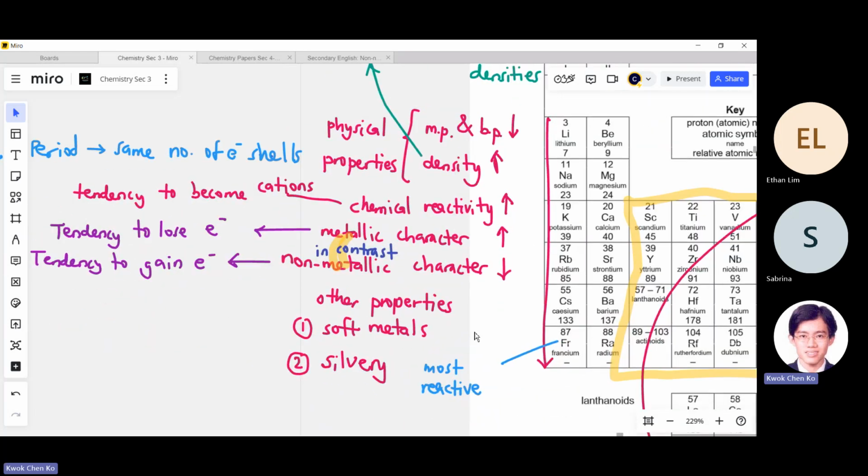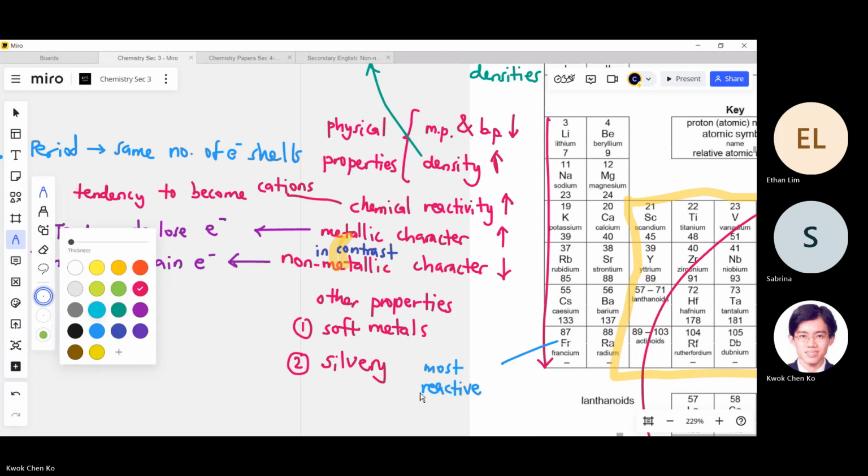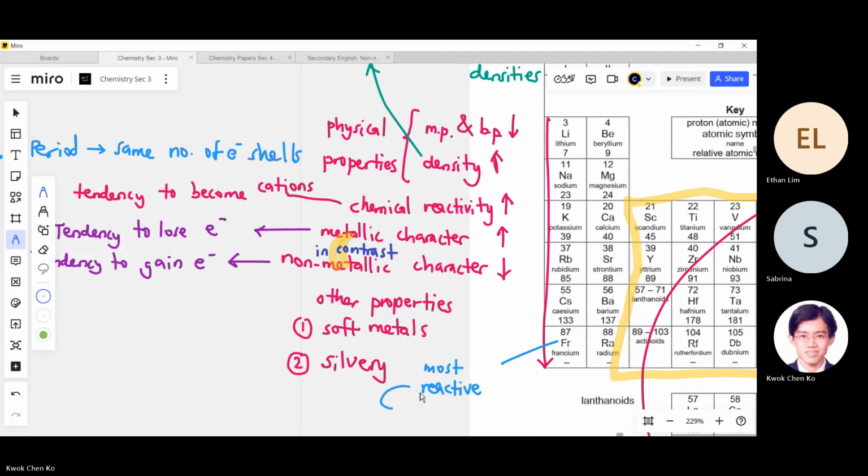I said that francium is the most reactive metal, so you can interpret it as it loves to become cations the most. Think about this alternative viewpoint: as you go downwards, they like to become cations more and more, rather than remain as their elements.